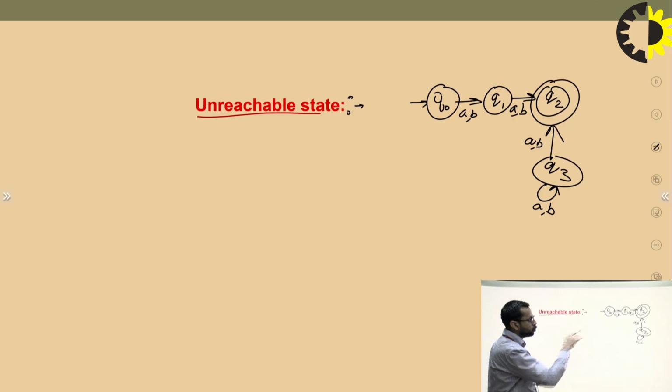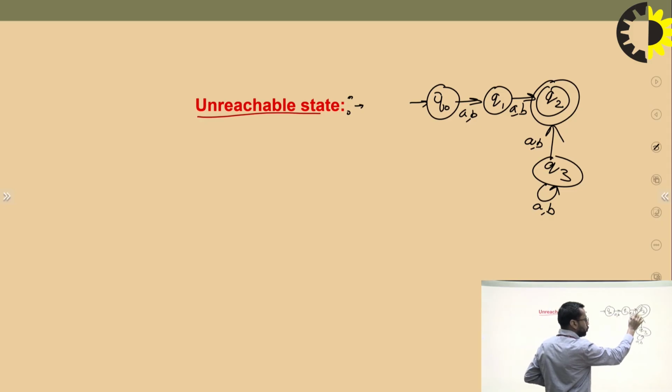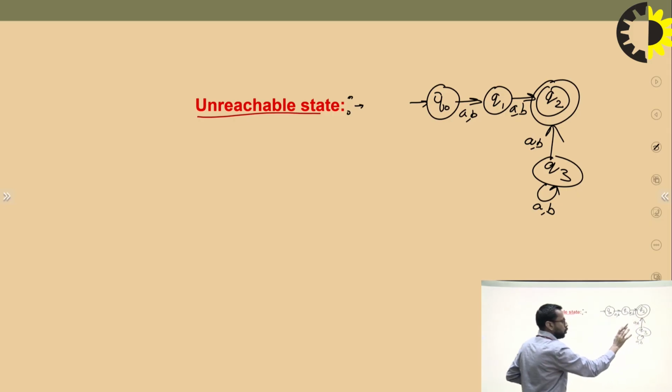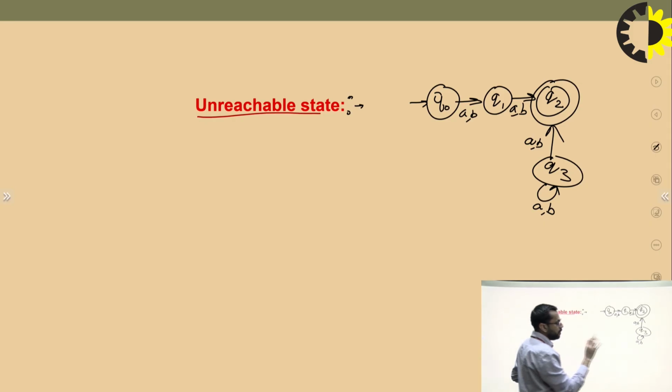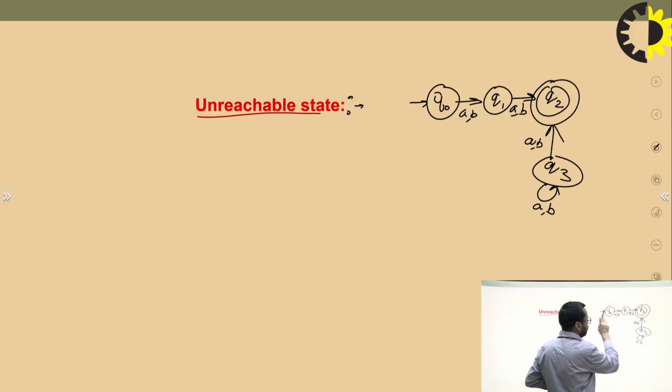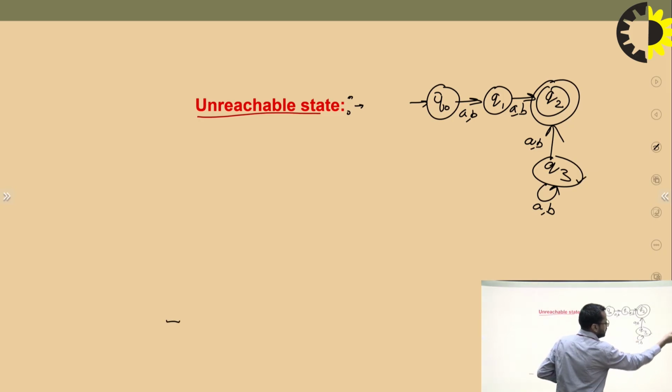We can reach Q1 from Q naught, the initial state. We can also reach Q2 from Q naught and Q1. But we can never go to Q3 from any direction, because Q3 is an intermediate state and we cannot go to it from Q naught. So Q3 is known, in this situation, as an unreachable state.